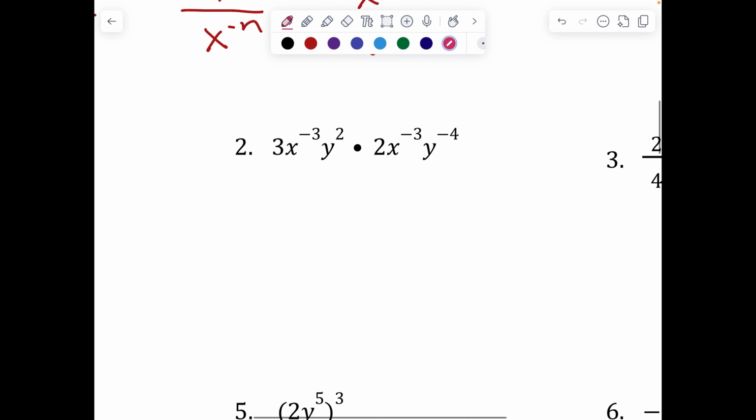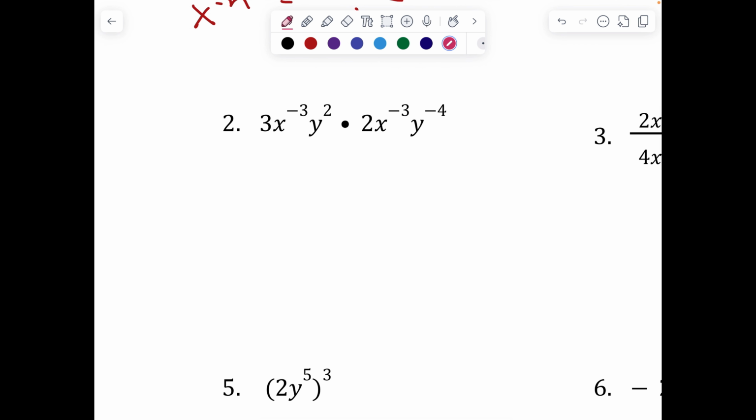So let's look at number 2. Again, we're multiplying, so we're adding our exponents. So I'm taking 3, I'm multiplying it times 2. That gives me 6. I have negative 3 plus negative 3 with my x's, so that gives me x to the negative 6th. I have 2 plus negative 4 for my y, so that gives me y to the negative 2nd.